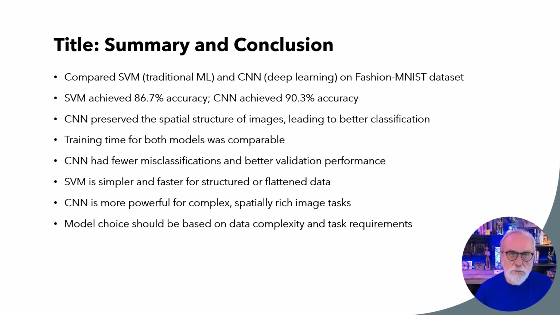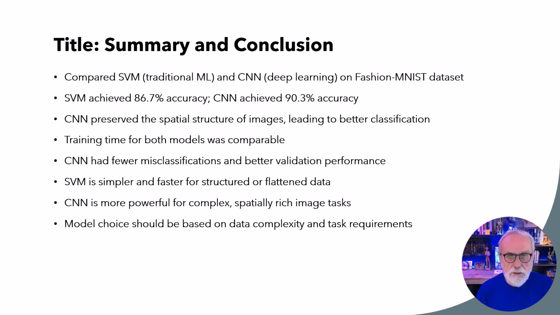In this project, we compared two different modeling approaches for image classification: support vector machines, SVM, and convolutional neural networks, CNN. The SVM, a traditional machine learning model, performed reasonably well with 86.7% accuracy, but it flattened the image data and lost important spatial information.